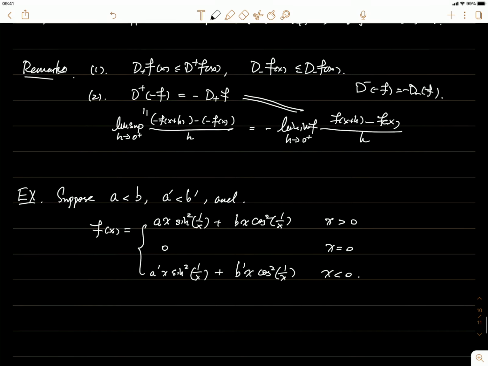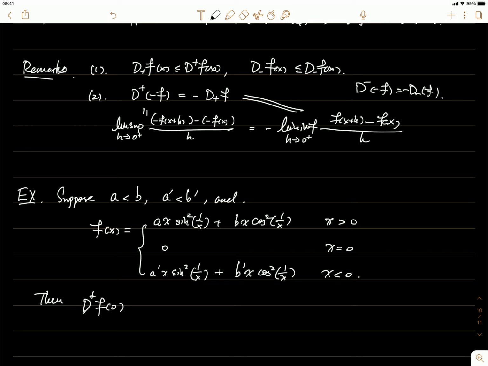Okay, and for this one, you can check the four Dini derivatives. For example, we can check the upper left Dini derivative at the point 0. If x is not 0, apparently the function is differentiable, so we know the four derivatives exist, and we can take the derivative as you learn from calculus. But if it's at 0, let's see what happens.